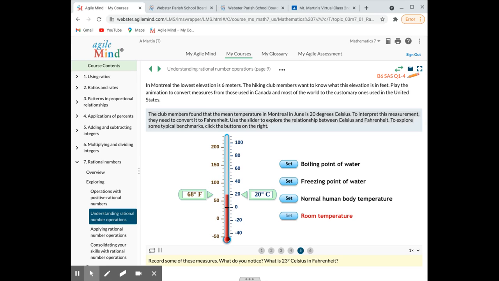So what we've done on panel 5 is basically we have explored relationships between Celsius and Fahrenheit. So we should have recorded several measures, such as the room temperature, the human body temperature, the freezing point of water, and the boiling point of water. So how could we determine if this relationship's proportional?